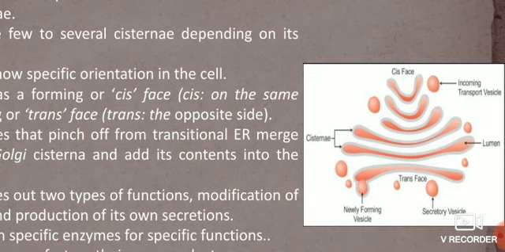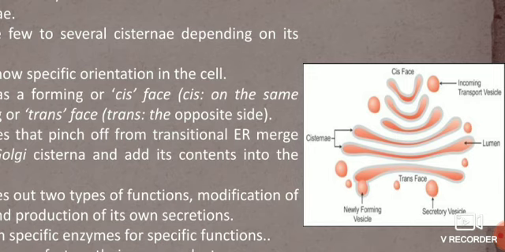The cis face is the incoming face, where the vesicles of proteins coming from the endoplasmic reticulum come and fuse. That means they pour all their content into the lumen of this cis face. Once the content brought by the vesicles gets modified over here, a little modification is done, and finally they are sent to the trans face.